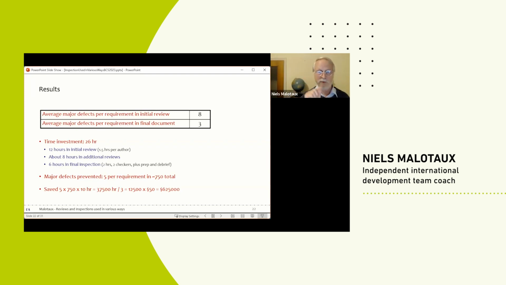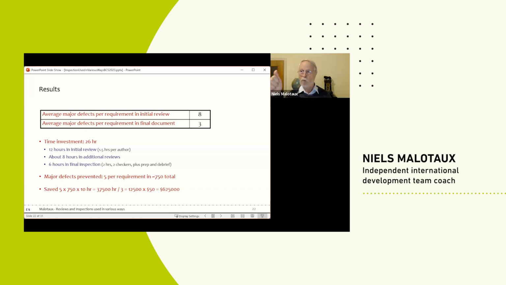So, major defects prevented, 5 per requirement in 750. We saved 5 times 750 requirements. Let's say 10 hours to find and fix later. And now 10 hours more if we find and fix it later. That is so many hours saved. But then we say not every potential error in a requirement actually ends up as an error in the product, because developers are not stupid.